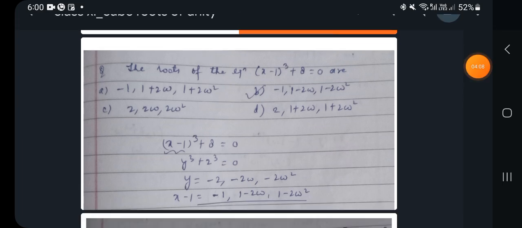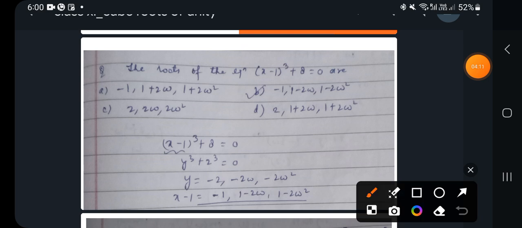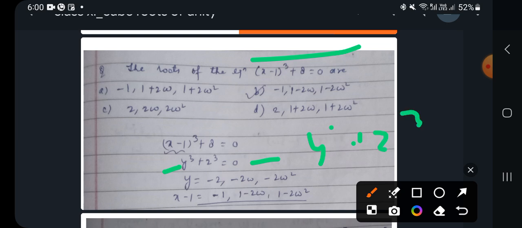Now here our first question is: the roots of the equation (x minus 1) whole cube plus 8 is equal to 0 are. So here we can just put y in place of x minus 1, so it will become y cube plus 2 cube is equal to 0, and obviously it can be taken as y cube plus 2 cube, so its roots will be minus 2, minus 2 omega and minus 2 omega square.